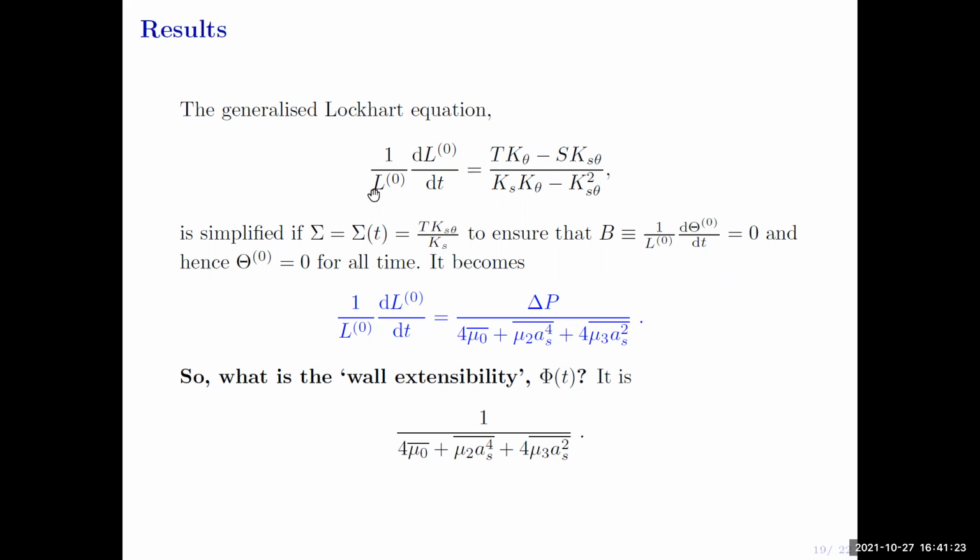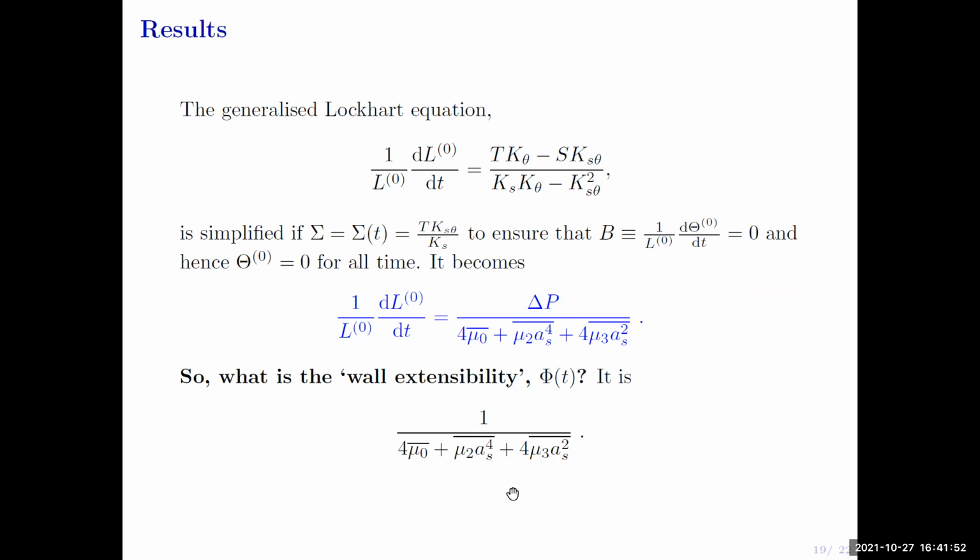And when that happens, this generalized lockout equation simplifies down to this. All right, so delta P is P minus Q over 2. That's your excess pressure. And so if you want to fit this into the original lockout paradigm, you just conclude that wall extensibility is just 1 over this combination of viscosities and CMF orientation.